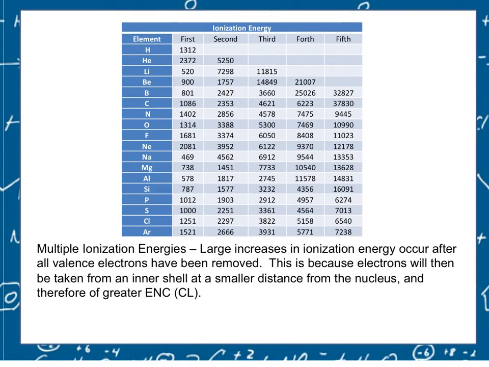Another trend that we can see within this, at least when we consider the things that tend to become cations. So I'm going to highlight the things that tend to become cations. I'm going to leave out this stuff here on the right edge of the periodic table that would rather gain electrons, and this trend is about losing electrons.